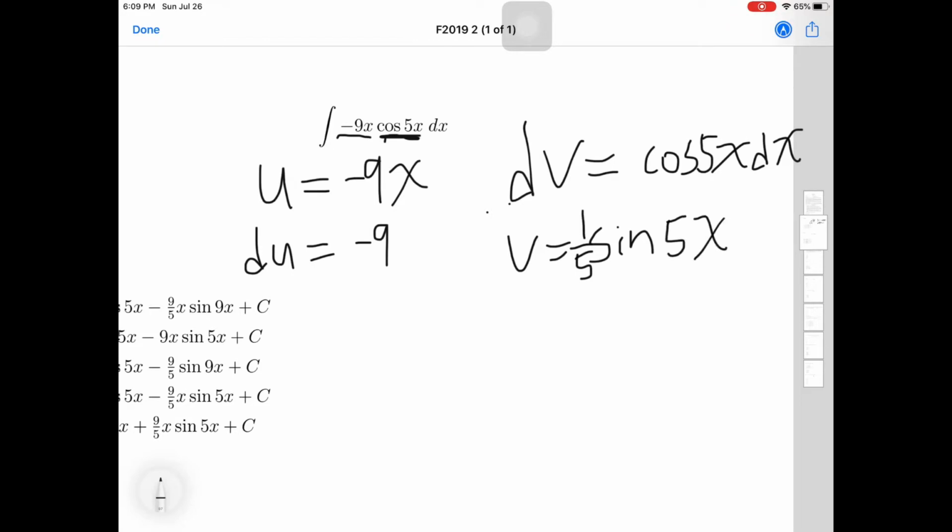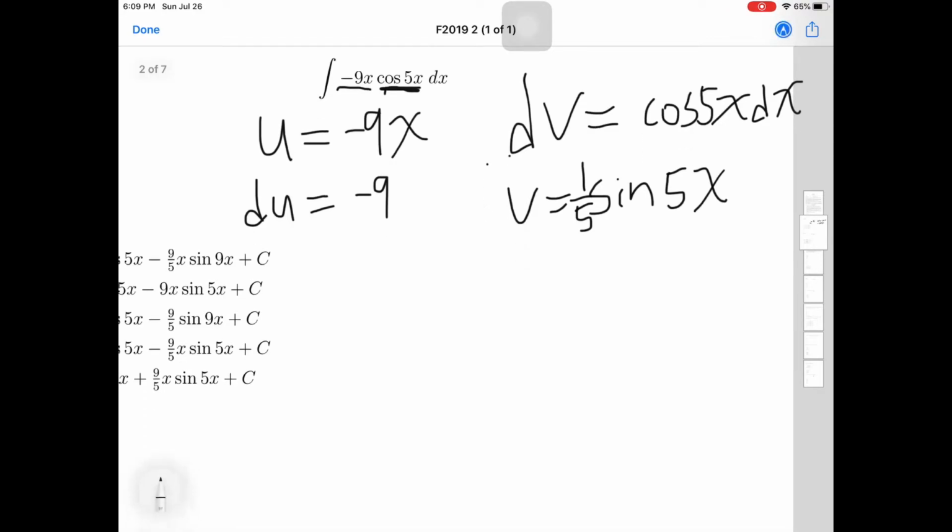And now we can just plug that into the by parts formula, and this should be uv, so negative 9 over 5x, that's a 5.